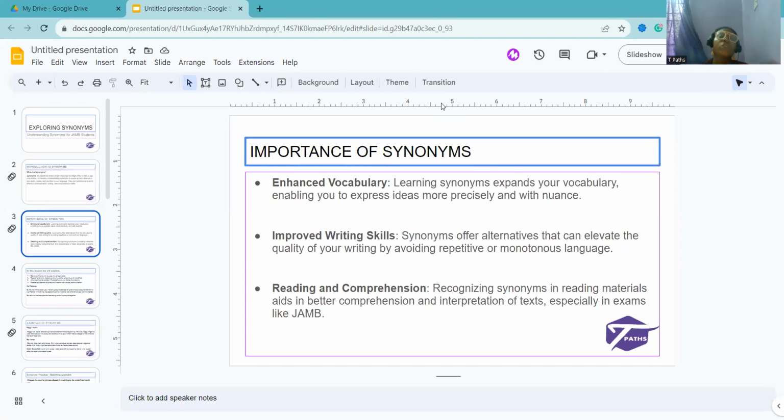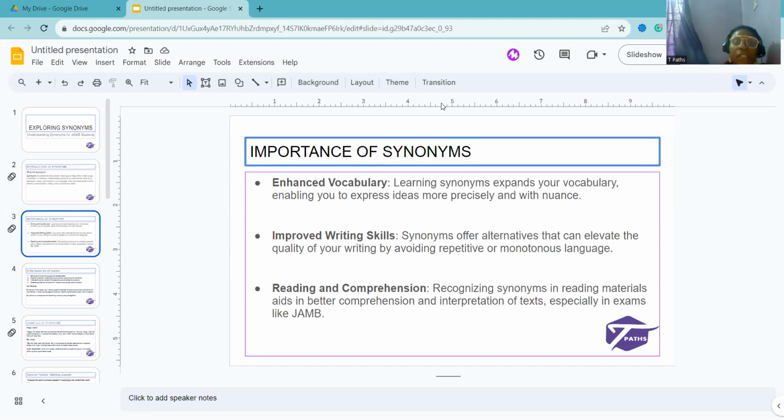Vocabulary has to do with words, word expansion, learning words from all spheres of life. For example, you could learn vocabulary on hospital, on work, on climate change.